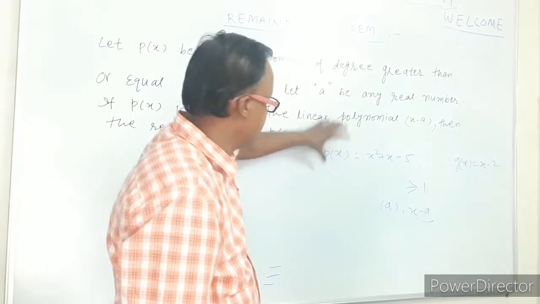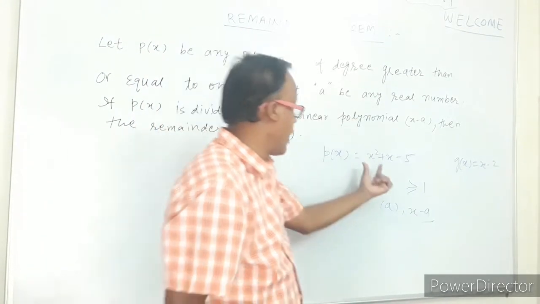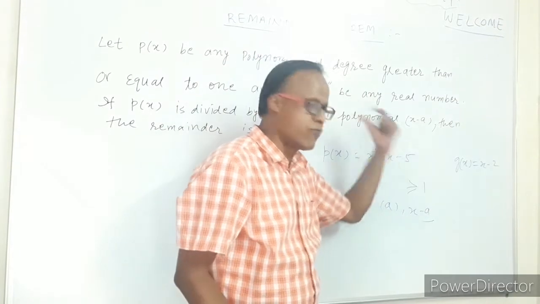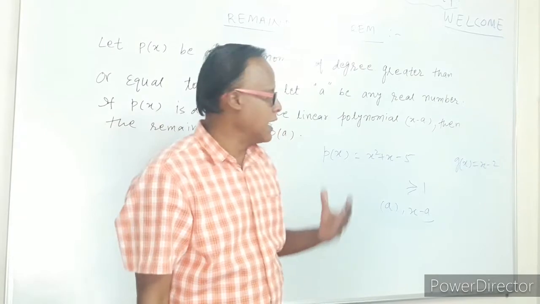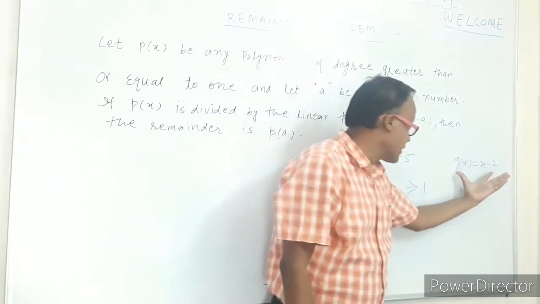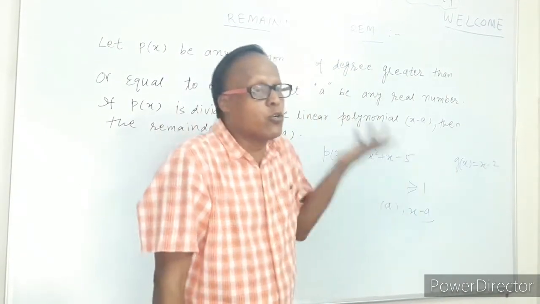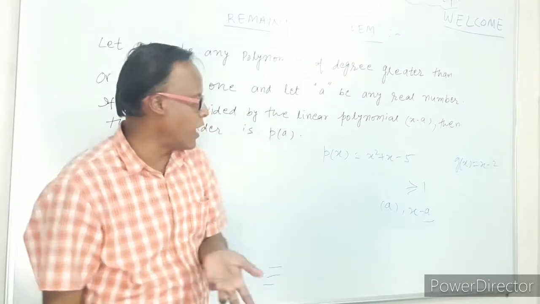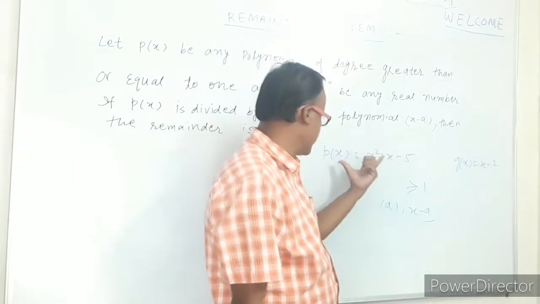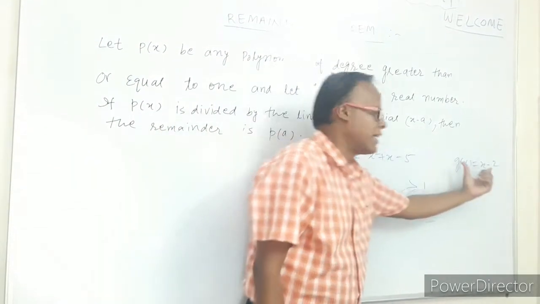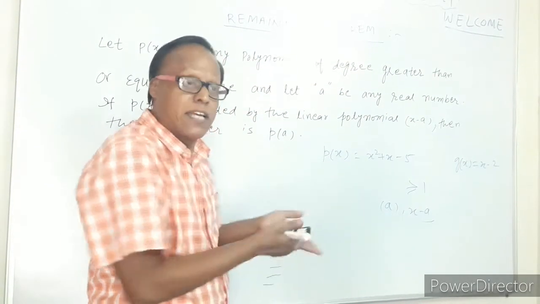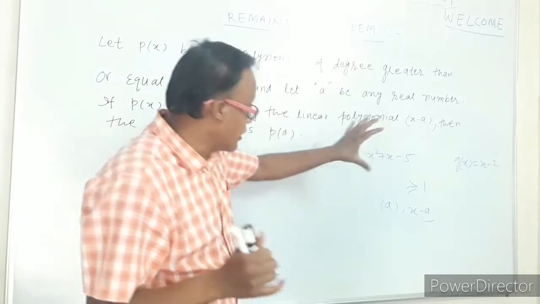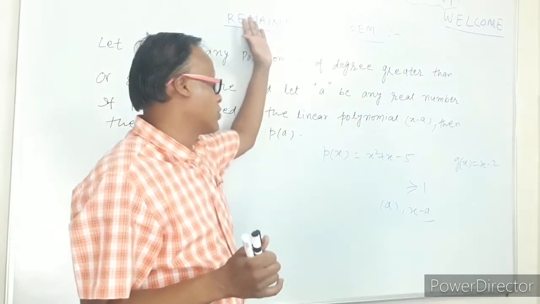For example, see here, Px is equal to x square plus x minus 5 and Gx is equal to x minus 2. In last class we discussed the long division method to find the remainder. So what we have done? We divided this whole polynomial by x minus 2 and whatever be our remainder, that is our remainder. Now for this, apply the remainder theorem.